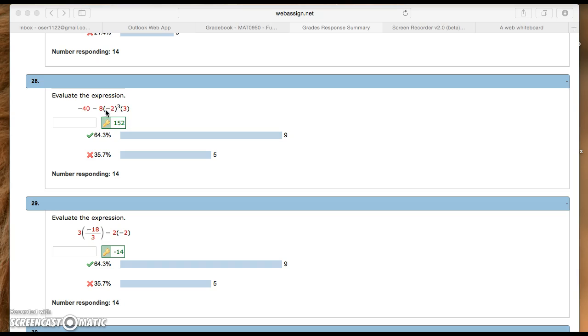Remember that if two numbers are written right next to one another, like our 8 and our negative 2, notice that there's no operation in between the 8 and this left parentheses. That means that we should automatically assume that there is multiplication. That's the operation that is connecting this 8 and this negative 2.